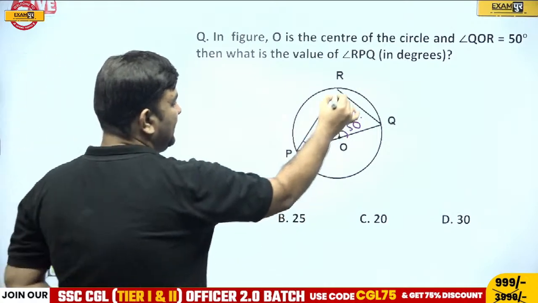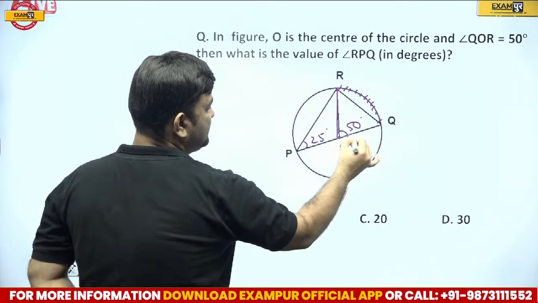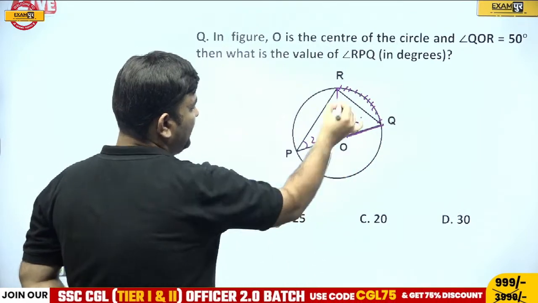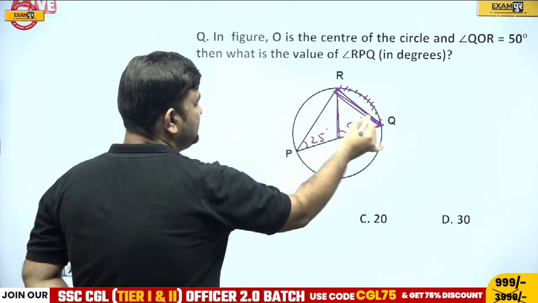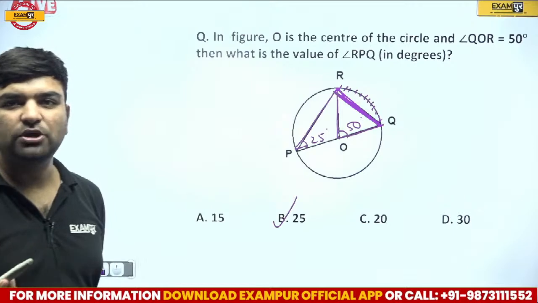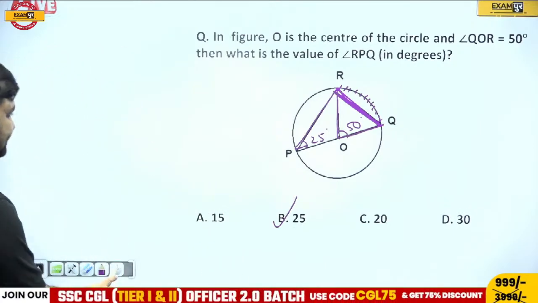You can either take it as an arc, arc subtending 50 at the center, so half at the circumference. Or you can take it as a chord subtending 50 at the center, so half at the circumference. The choice is yours. The concept is the same in case of both chord and arc.